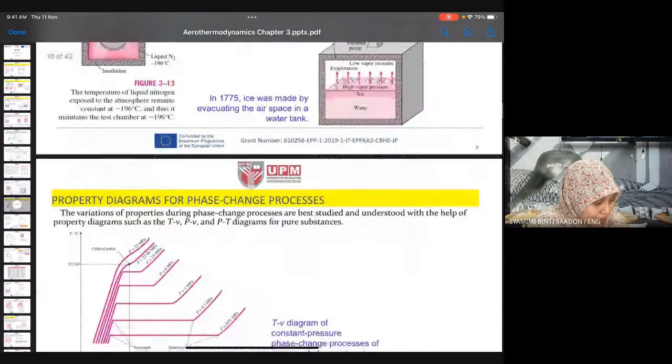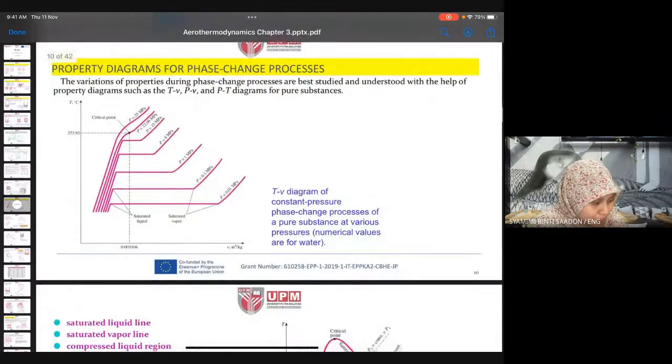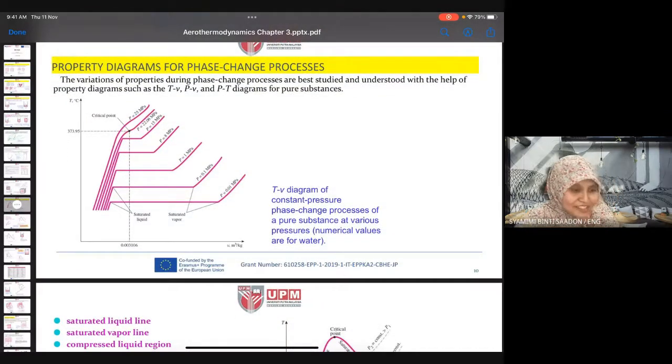Property diagrams for phase change process. This one is the one that I drew just now. This is the isobar line that I talked about just now. The variation of properties during phase change process is best studied and understood with the help of property diagrams. This one is the TV diagram. There are a lot of other diagrams, PV diagram, PT diagram, etc. So this is the TV diagram for water.